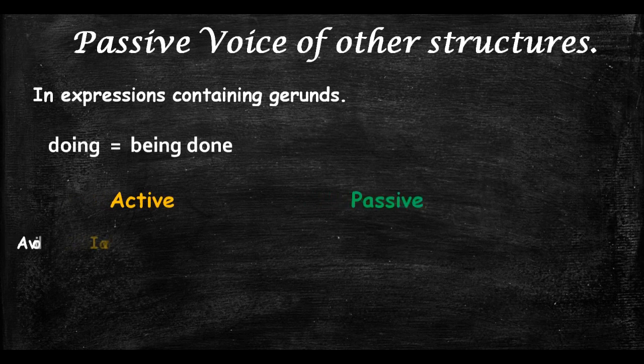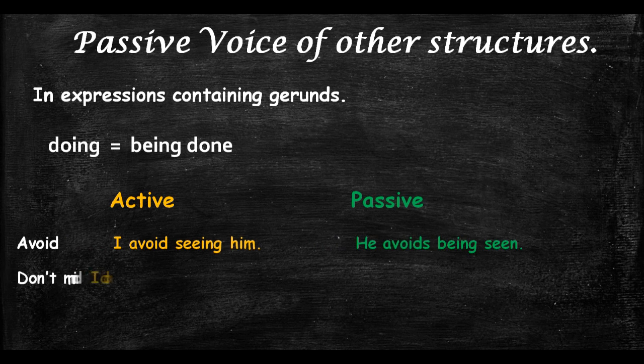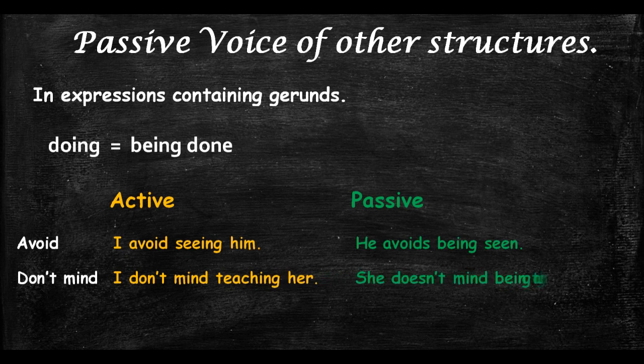Avoid. I avoid seeing him. The passive will be he avoids being seen. Don't mind. I don't mind teaching her. So the passive will be she doesn't mind being taught.